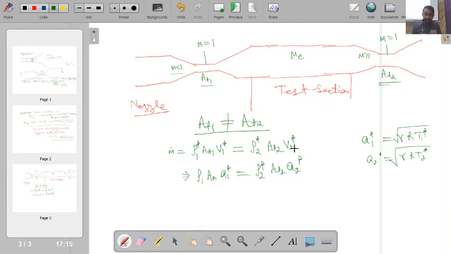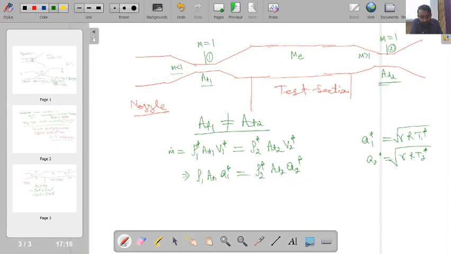Now if you see the flow from point 1 to point 2, say this is my condition 1, this is my condition 2, the flow from 1 to 2 is nothing but an adiabatic flow, because in this flow I am not adding any heat, I am not removing any heat.